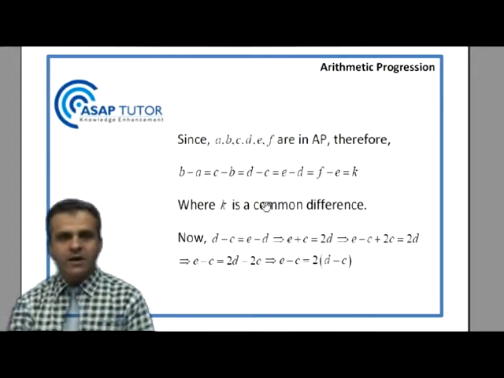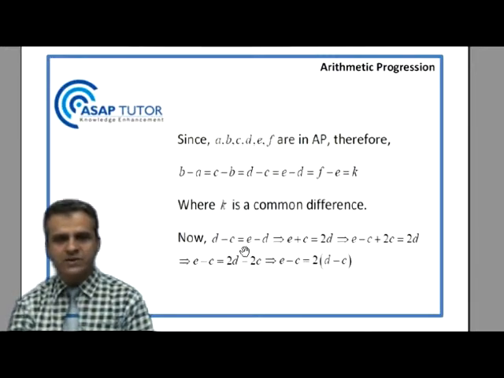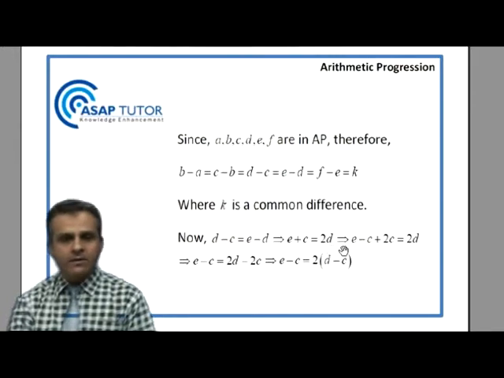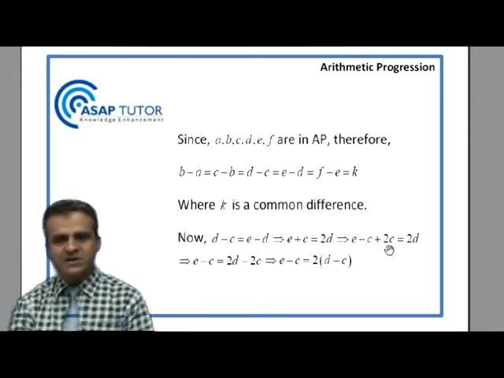Now we'll start from this expression, that is D minus C is equal to E minus D. Bringing D to the other side, we get D plus D is 2D is equal to E plus C. So E plus C is equal to 2D. Now this plus C, we can write it as 2C minus C. So we get E minus C plus 2C is equal to 2D.